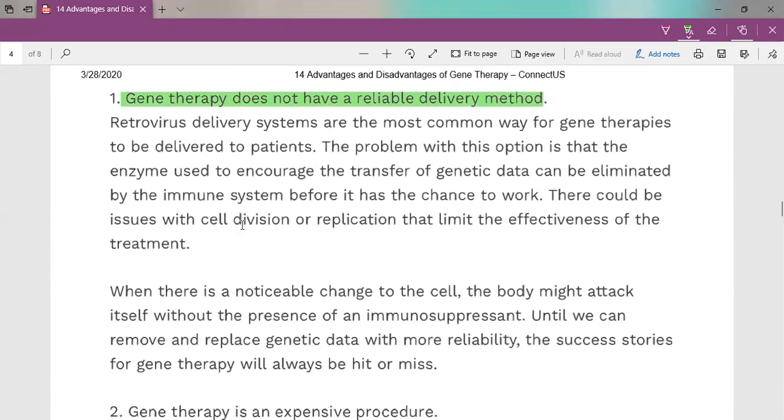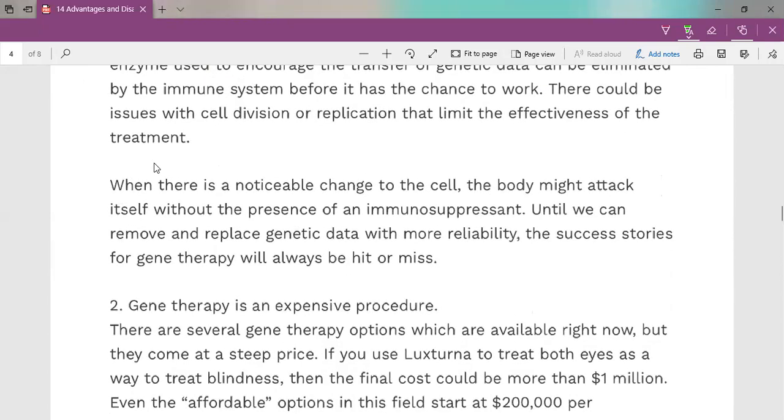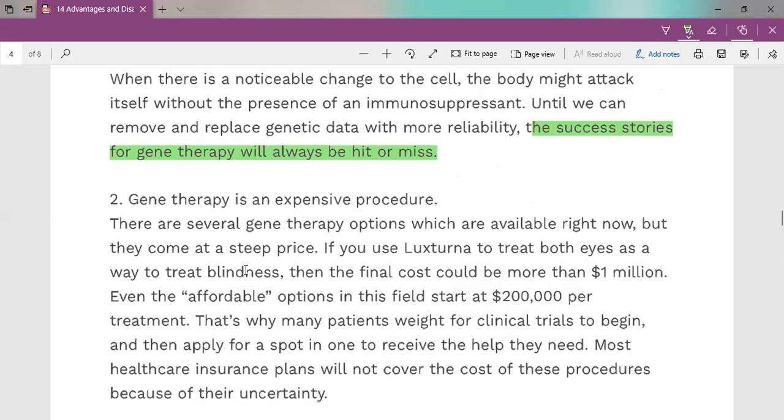There could be issues with cell division or replication that limit the effectiveness of the treatment. And when there is a noticeable change to the cell, the body might attack itself without the presence of an immunosuppressant. So until we can remove and replace genetic data with more reliability, the success stories for gene therapies will be hit or miss.